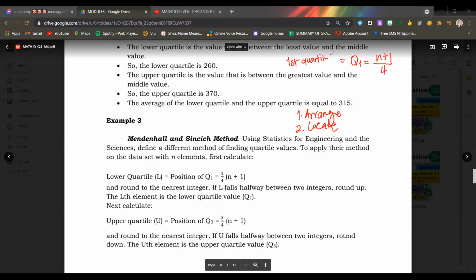Or pwede rin natin siyang tawagin na quartile 1. Okay? Next. Second quartile, that is 1/2, right? N plus 1 divided by 2. So ito yung, usually ito yung median natin, si second quartile.